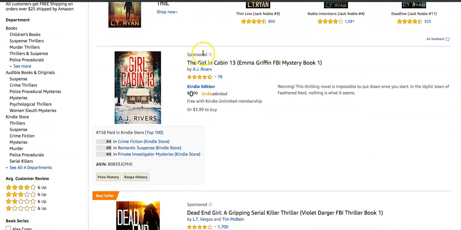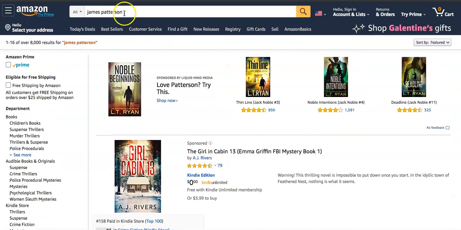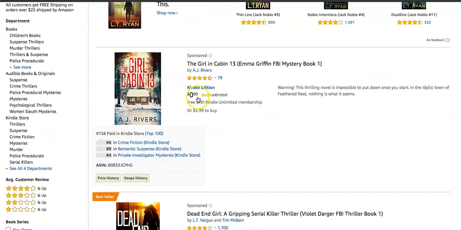Number one, anything on the results page that says sponsored. So basically, there are people right now who are running ads to the keyword James Patterson. And they're bidding a certain amount to get their ads shown. And if they bid enough against everyone else, they'll show up higher as the sponsored ad.